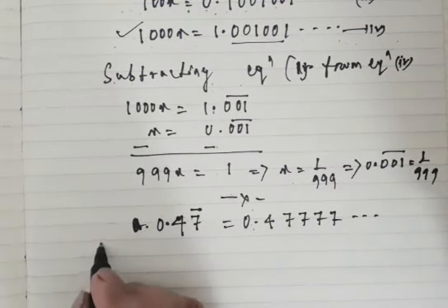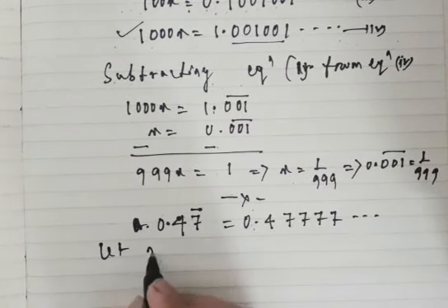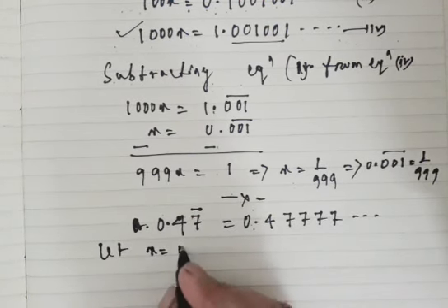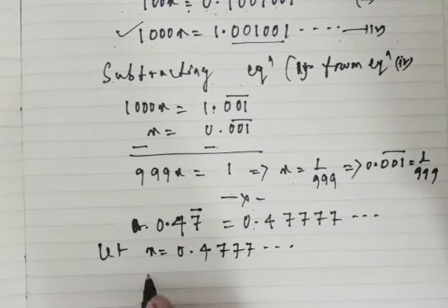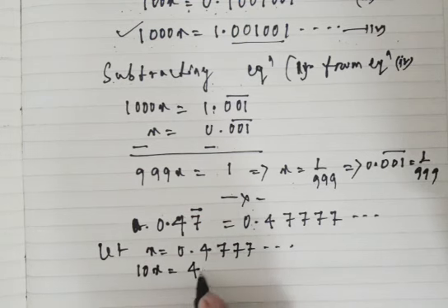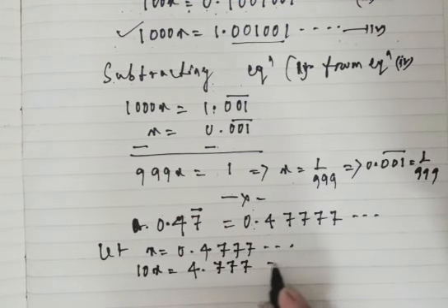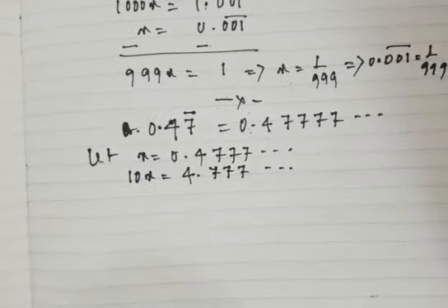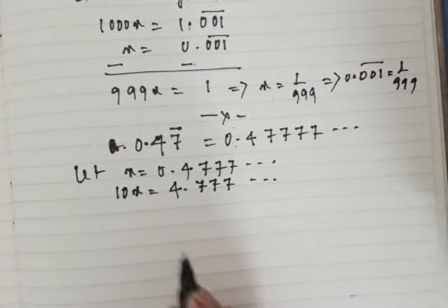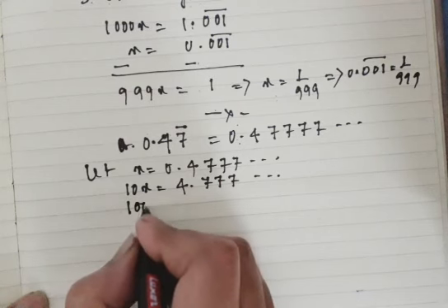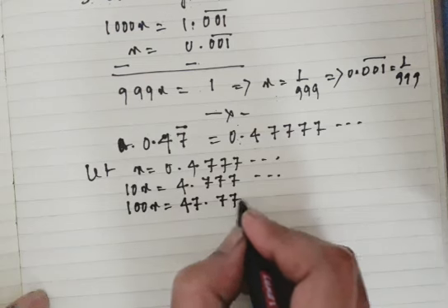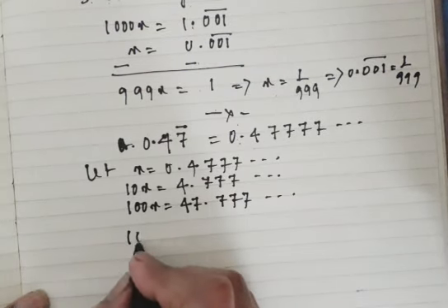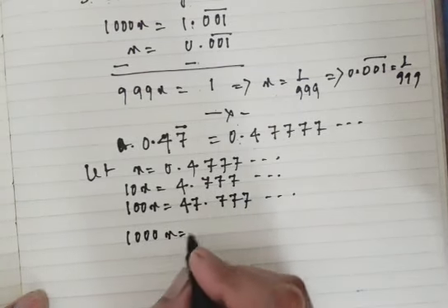As usual, let x equal to 0.4777 like this. So 10x is 4.777, and 100x is equal to 47.777 like this.